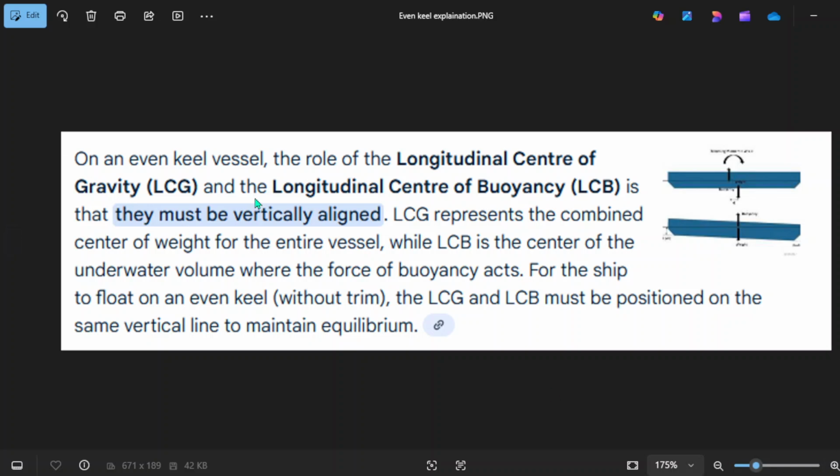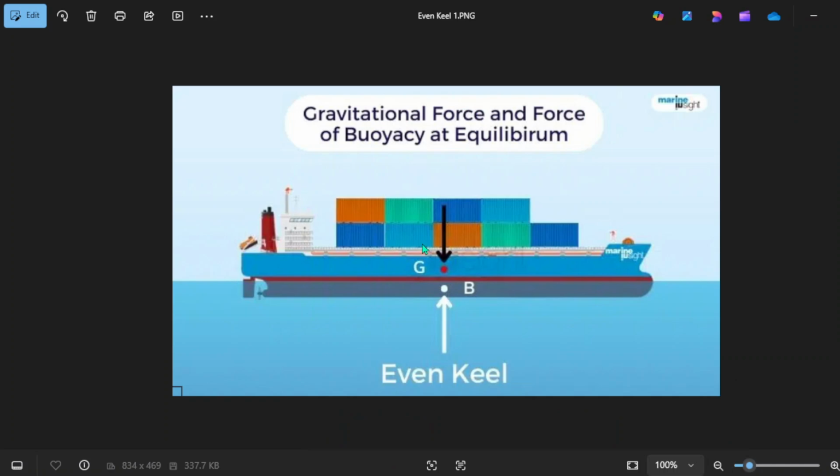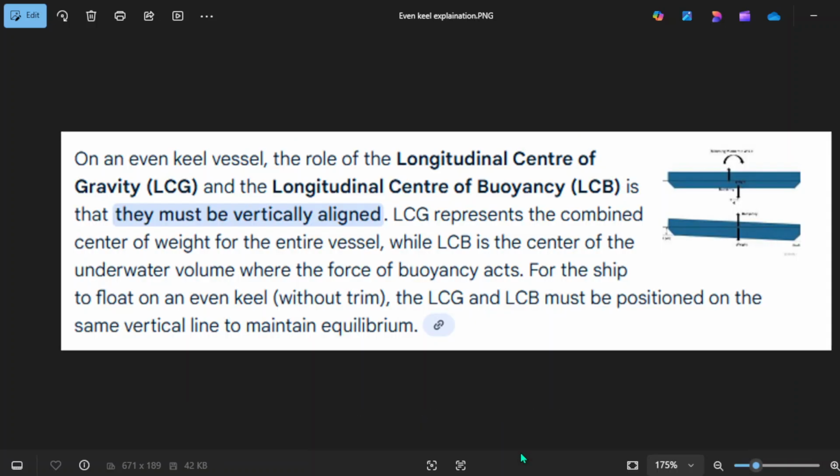On an even keel vessel, the rule is that the longitudinal center of gravity, LCG, and the longitudinal center of buoyancy, LCB, must be in a vertical line. So this is what it means by vertical line. The LCG and the LCB are in one line. That's why you have even keel. That is what it meant there, guys.